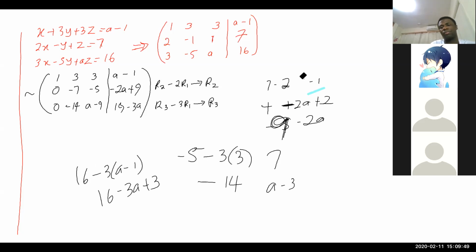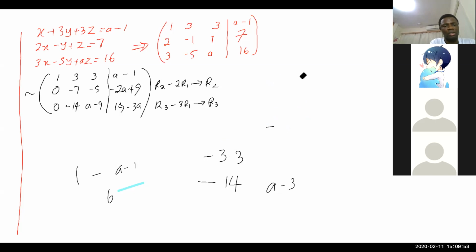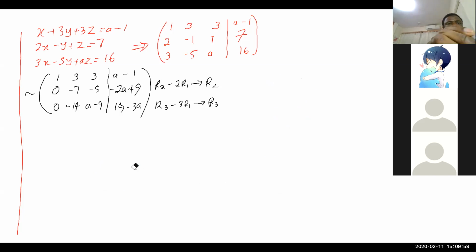Okay. So that's 7, negative 7, 1. Multiply by 1 over 7. So this remains 1, 3, 3. That remains a minus 1. So this is 0, 1.